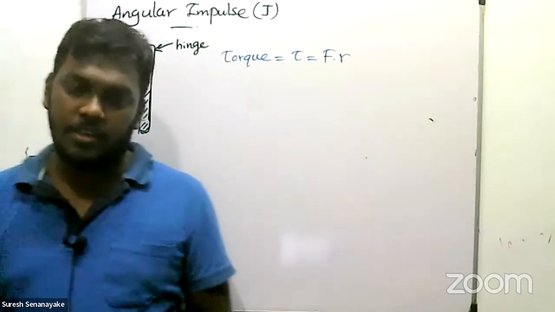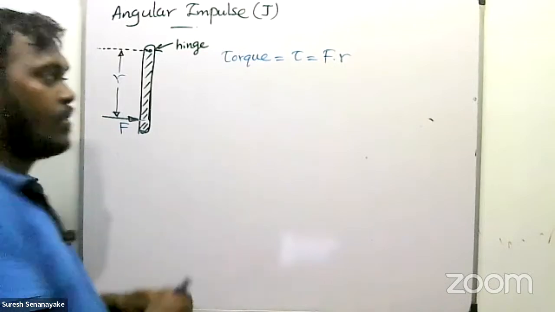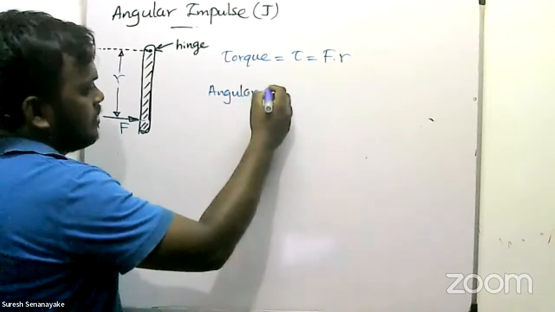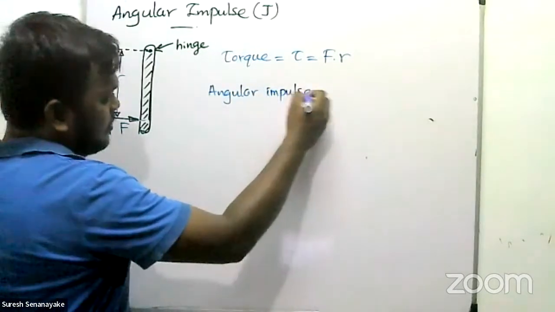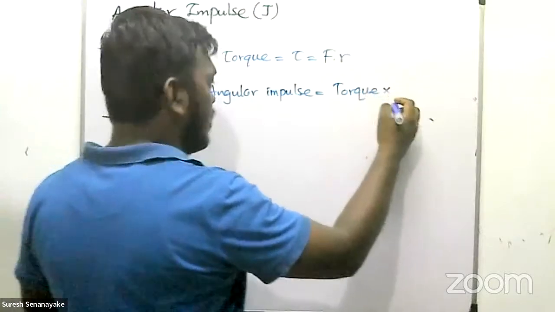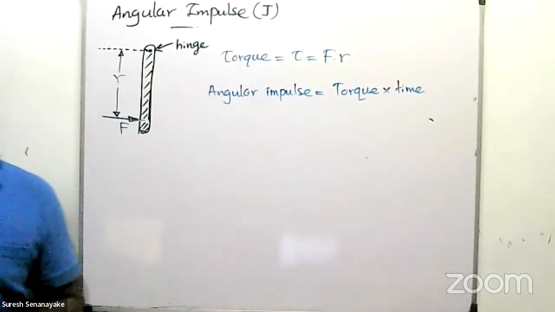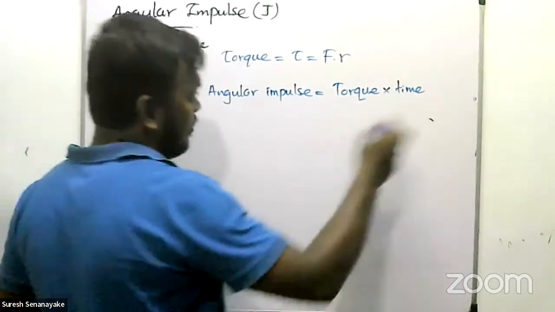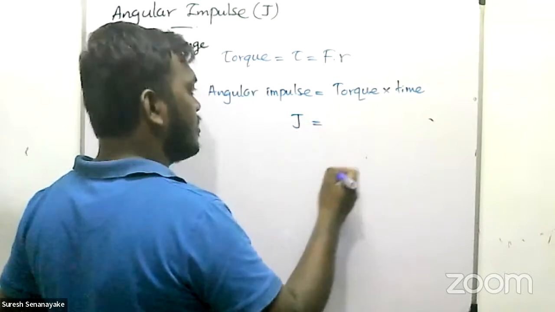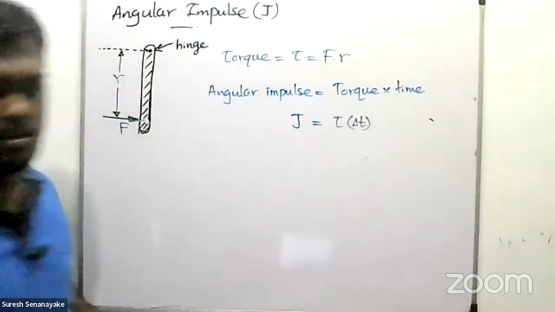Angular impulse equals torque times the time interval, or J, the angular impulse, equals tau times delta t.